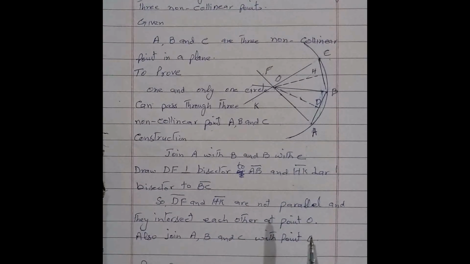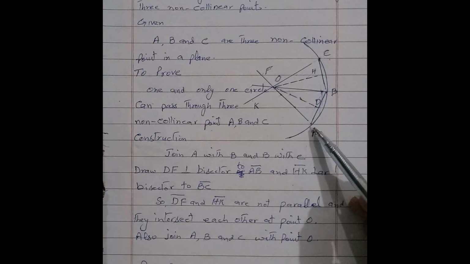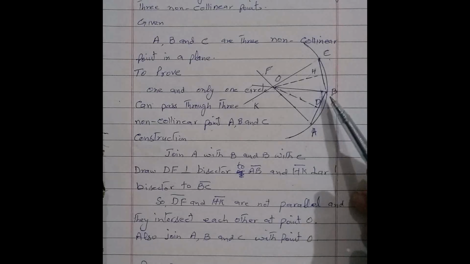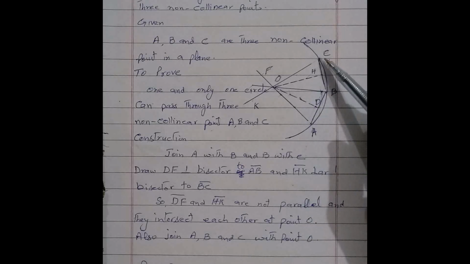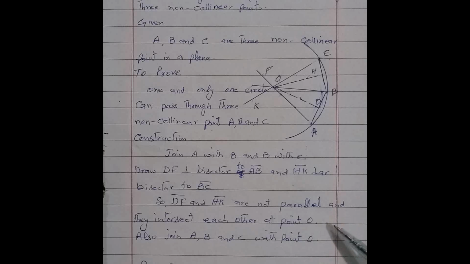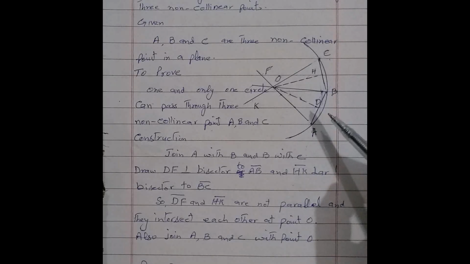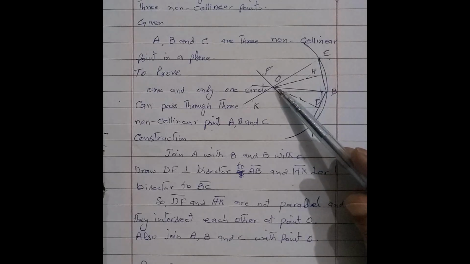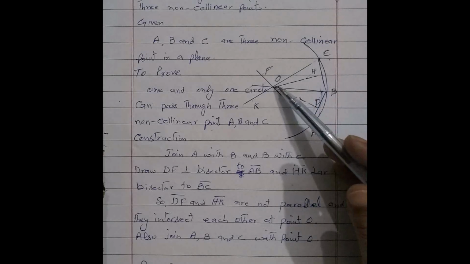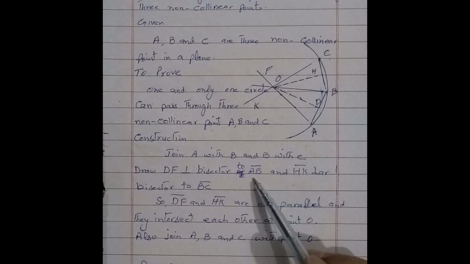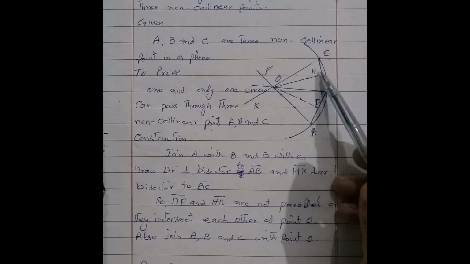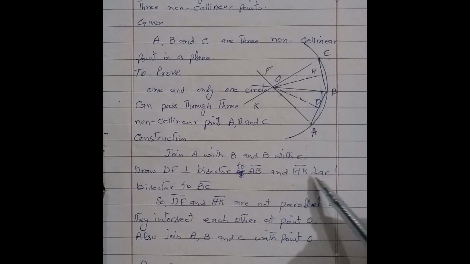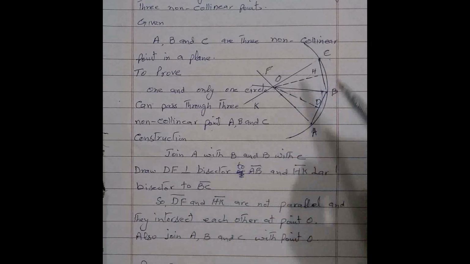Next, the construction. Join A with B and B with C, and also draw DF, the perpendicular bisector of AB, and HK, the perpendicular bisector of BC.